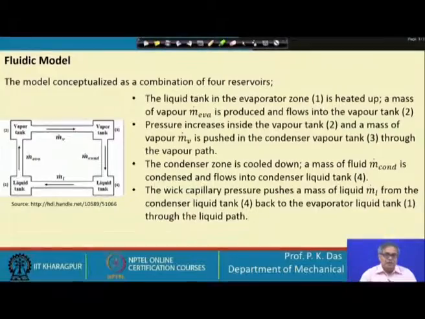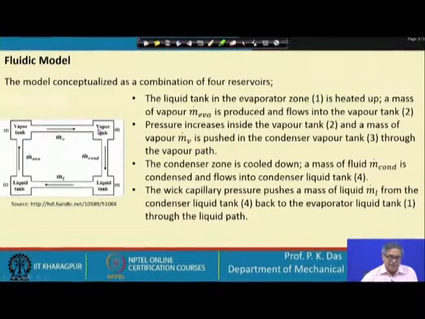For the fluid model, as I have told that it is a circulatory kind of a model. Vapor is generated in the evaporator, it goes to the condenser section, it is transformed into liquid, comes back in the evaporator and it gets transformed into vapor. So, we have assumed that there are two vapor tanks, one vapor tank in the evaporator section, one vapor tank in the condenser section. So, vapor goes from one tank to another.